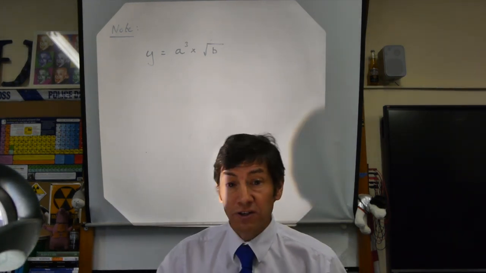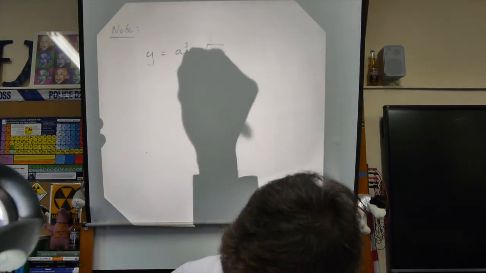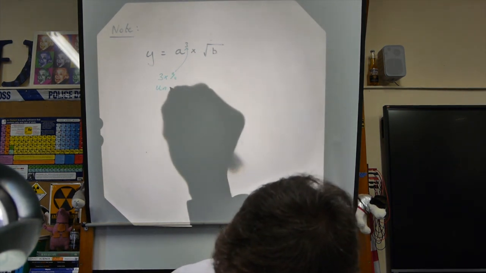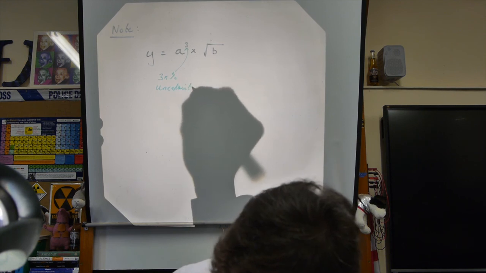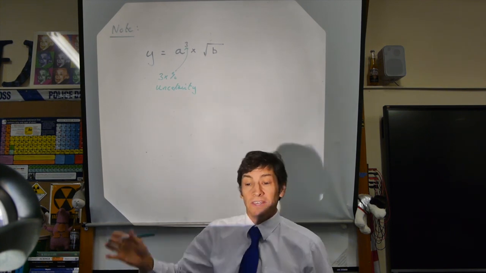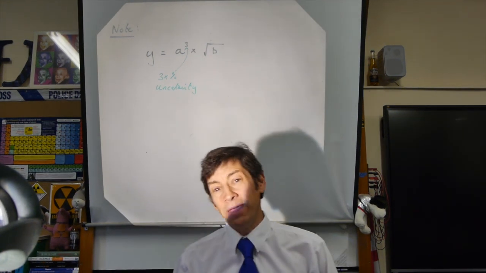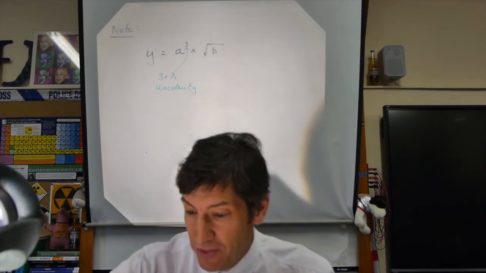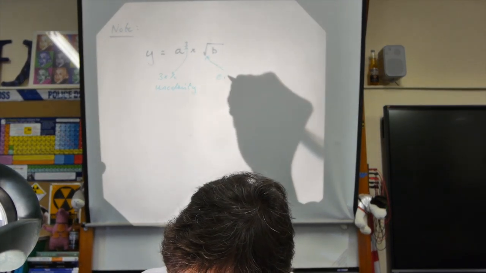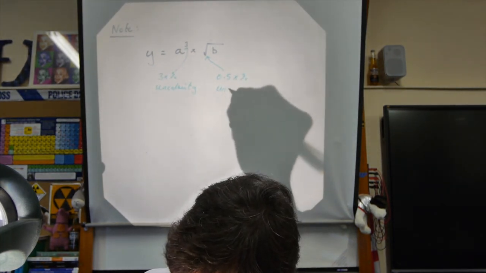Well, I hope you feel confident about the uncertainty in A. What you do here is 3 times the percentage uncertainty. And then we've got to deal with the uncertainty in B, but you'll notice it's root B. So it's kind of B to the power a half, and there's the hint. Because of this square root, we take half of the percentage uncertainty.